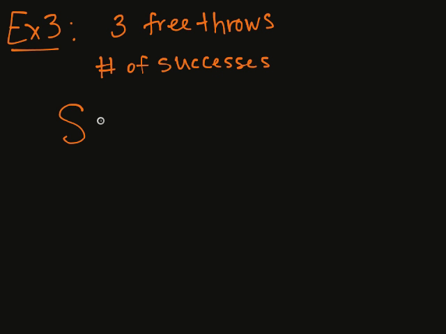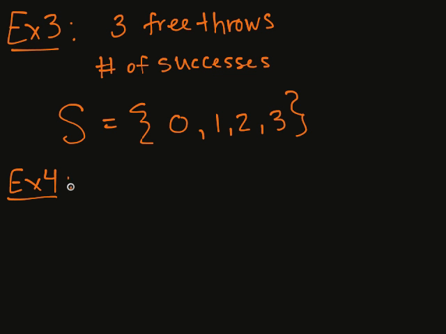In this case, our sample space, I could have 0 successes, or 1, or 2, or 3. So our sample space is very, very different than what it was in example 2. So it's really important to read the question and to understand what it is you're expected to record out of your observation in the experiment.